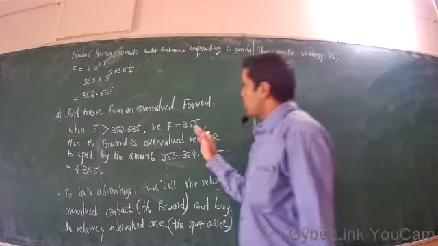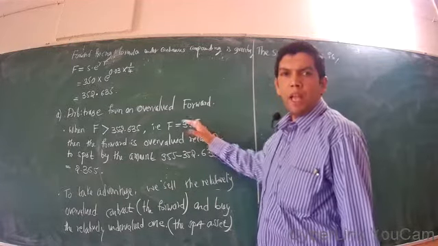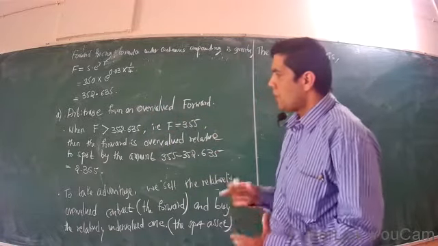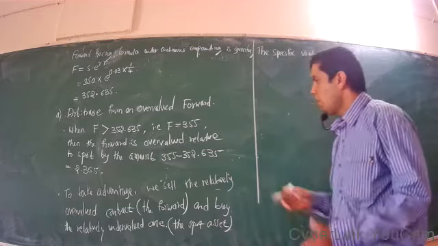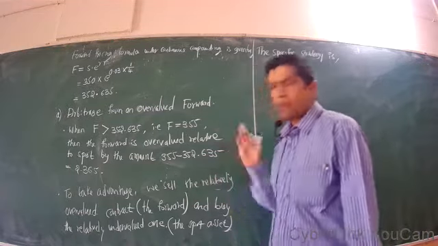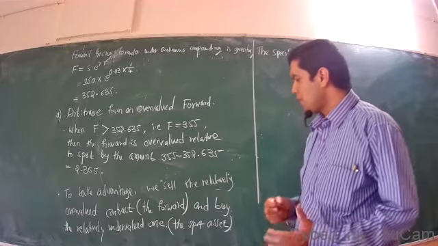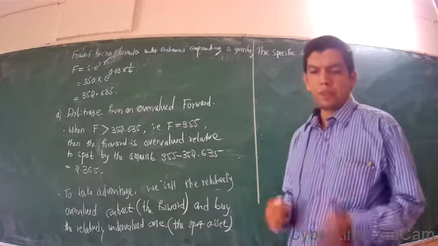Now just focus on the values 355 and 352.635. What is the first step? The first step is you have to sell the relatively overvalued contract and buy the relatively undervalued one, that is, buy the spot asset.